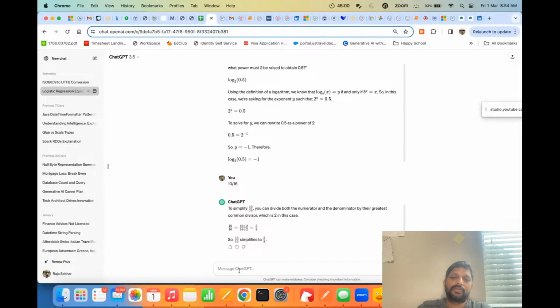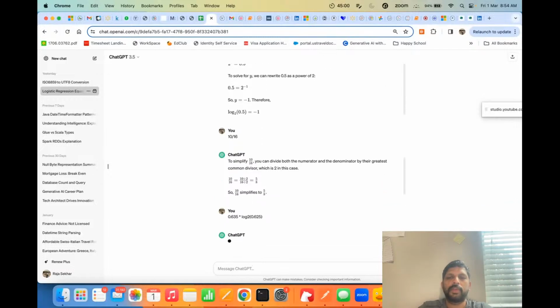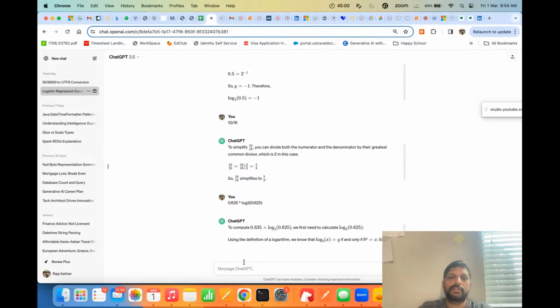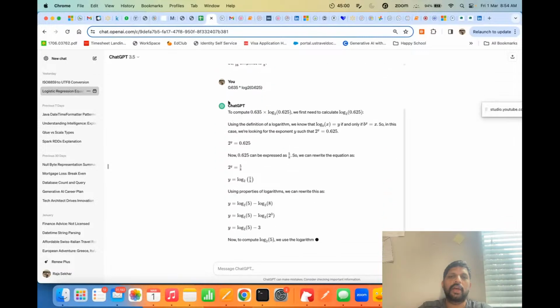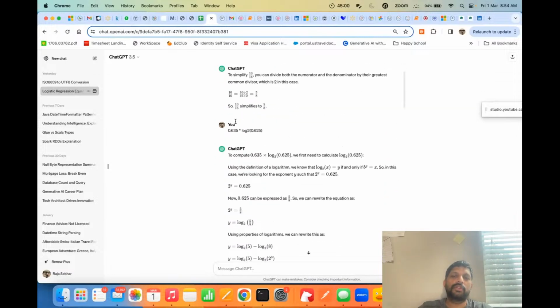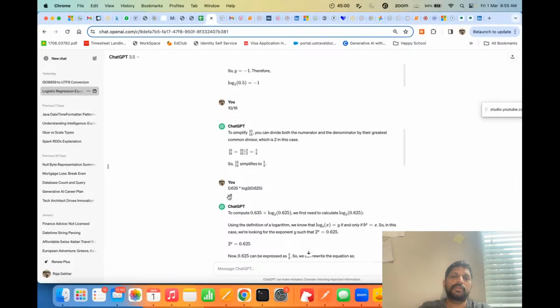So 0.625 into log base 2 of 0.625, and so on. Actually, I could calculate the whole thing in one go.